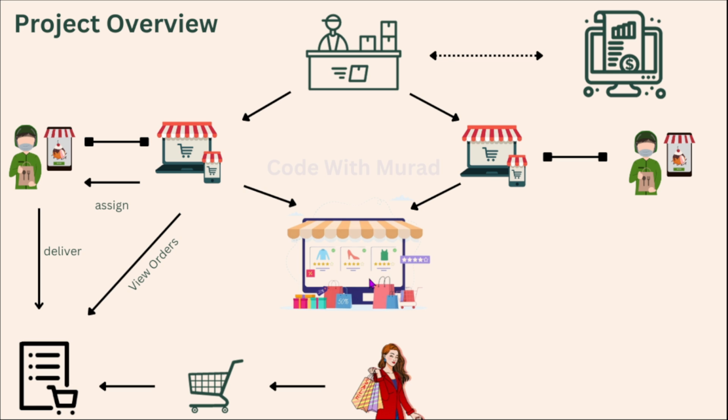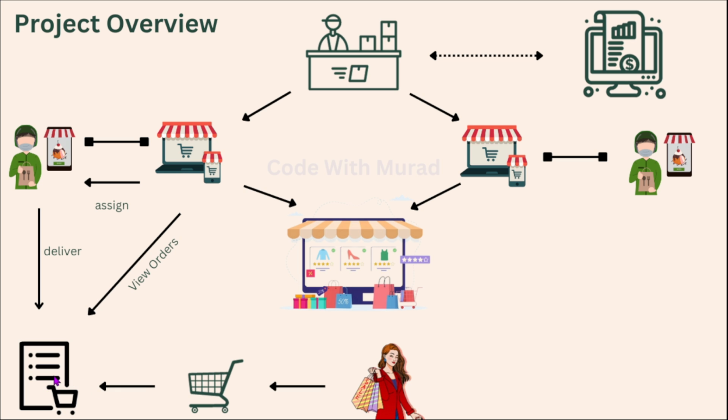Now customers will be able to see the products based on the category, and they can also search the product based on the product name, seller, or category, and from here the customer can add the products into the cart. But for adding the products into the cart, the customer should be logged into the system, otherwise it will not allow adding the product into the cart. After the login, the customer can add the products into the cart, and from here the customer can order the product.